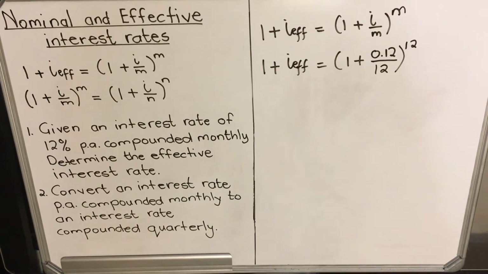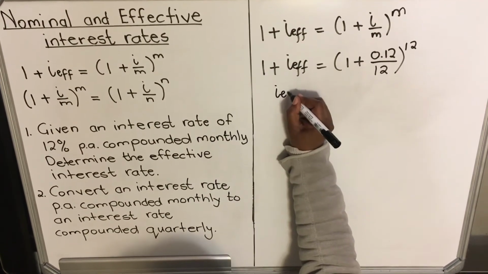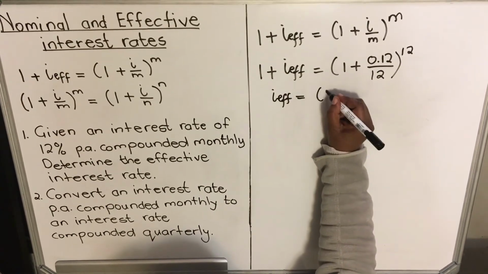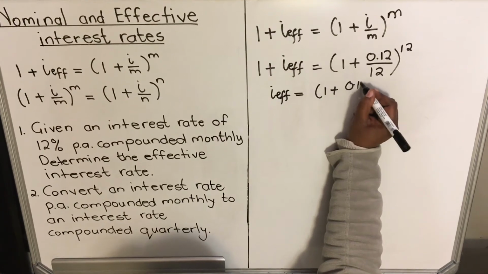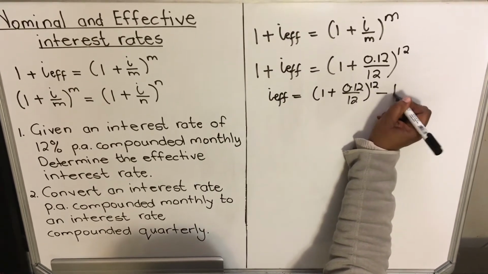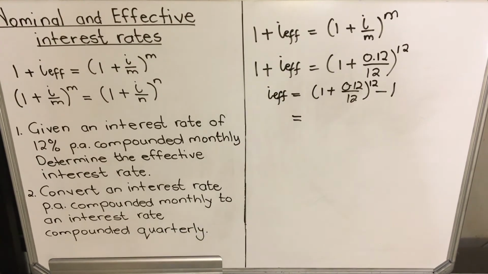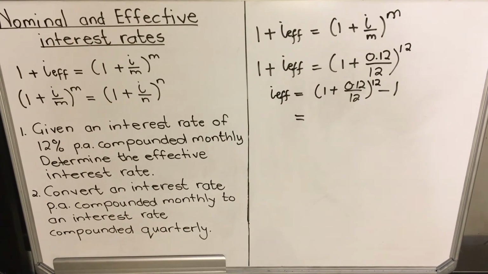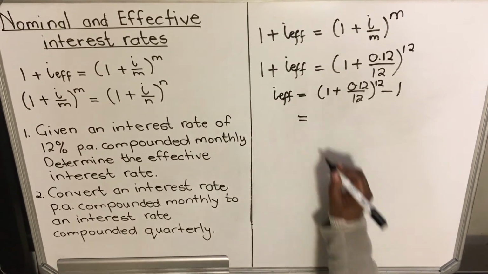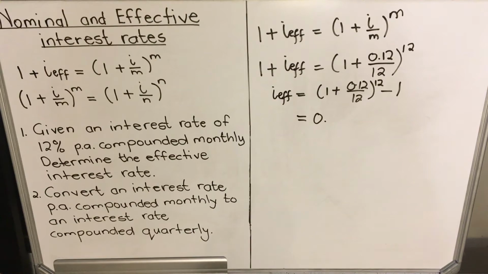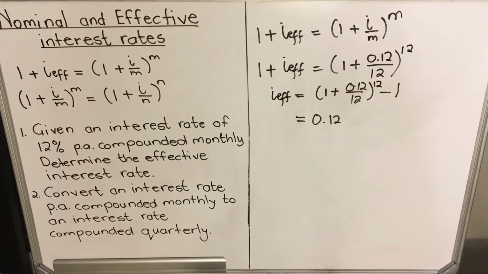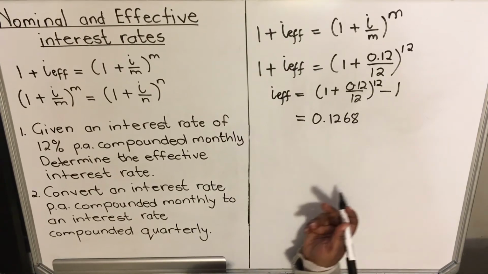Now the effective rate is equal to, we take the 1 to the other side, so I'll have 1 plus 0.12 divided by 12, to the power 12, minus 1. Then we punch this in our calculator. Then we get 0.1268.